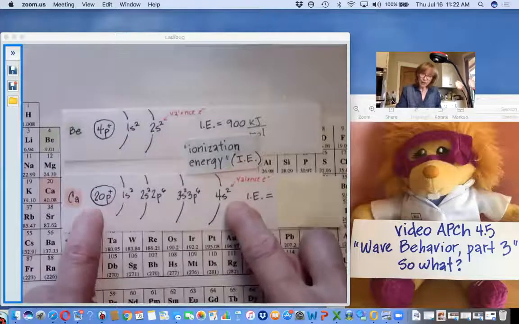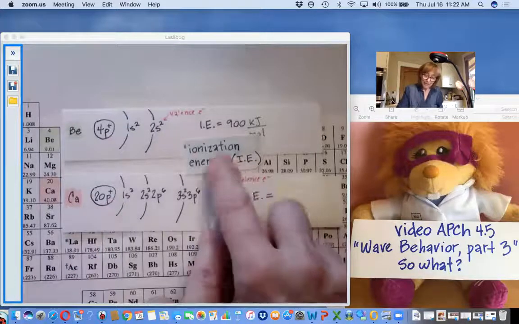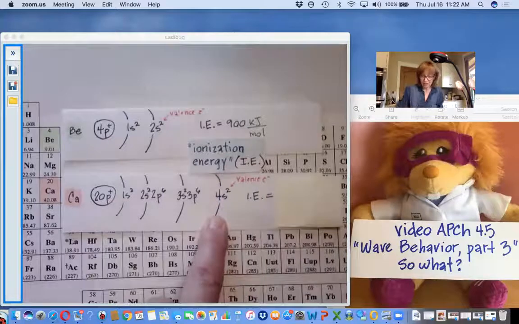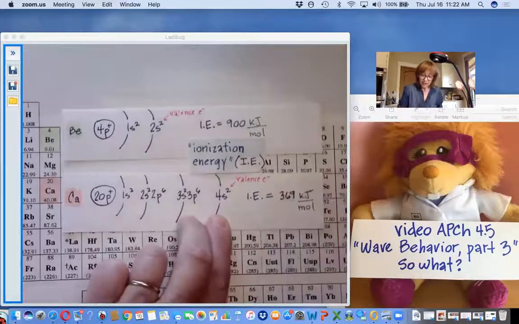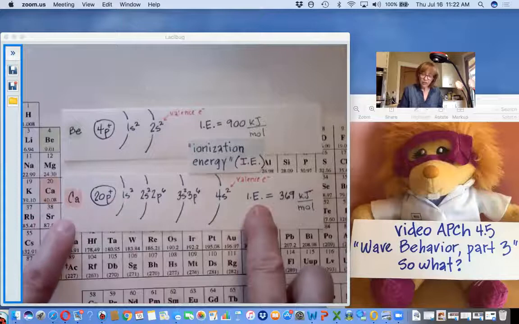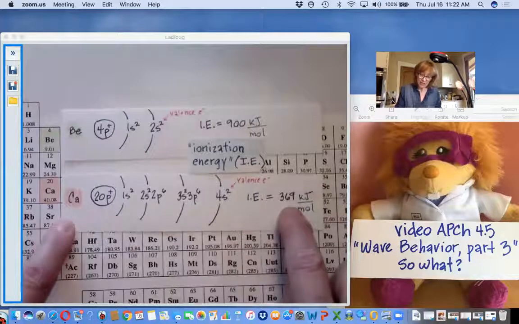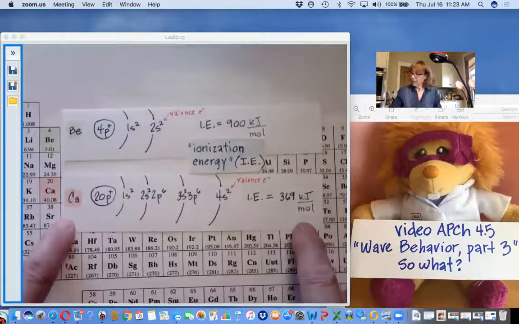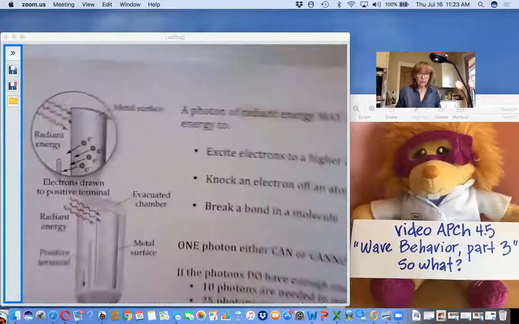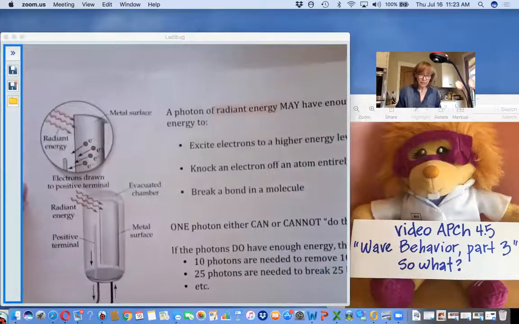And if the force of attraction is weaker, the ionization energy should not be as high. And in fact, the ionization energy is 369 kilojoules per mole. So, back to our photoelectric device.